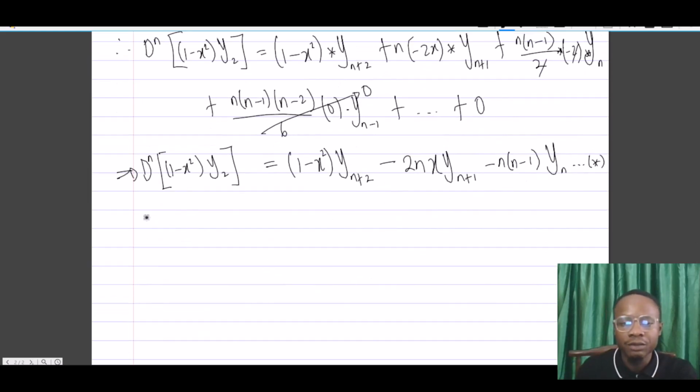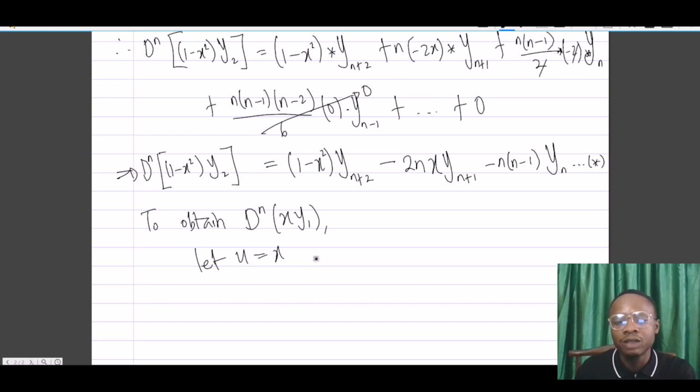So going further, to obtain the nth derivative of xy1, let u be equal to x, so that our v is equal to y1, and it follows that the first derivative of u will be equal to the derivative of this, which is 1.